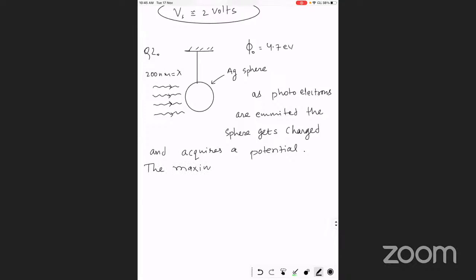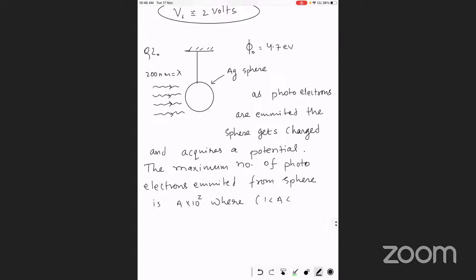The maximum number of photoelectrons emitted from a sphere is A into 10 to the power Z, where A is between 1 to 10.